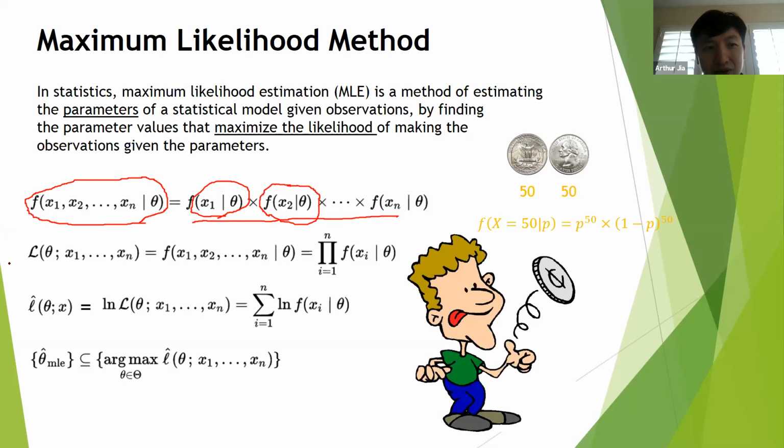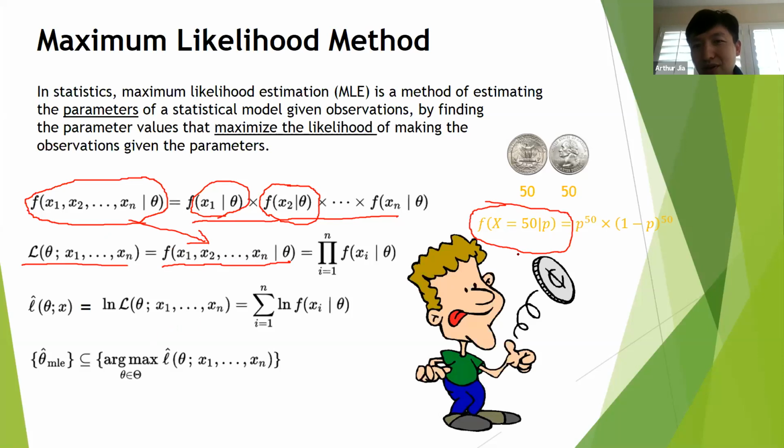And the likelihood is defined as this. So for example here, we use a binomial distribution, right?